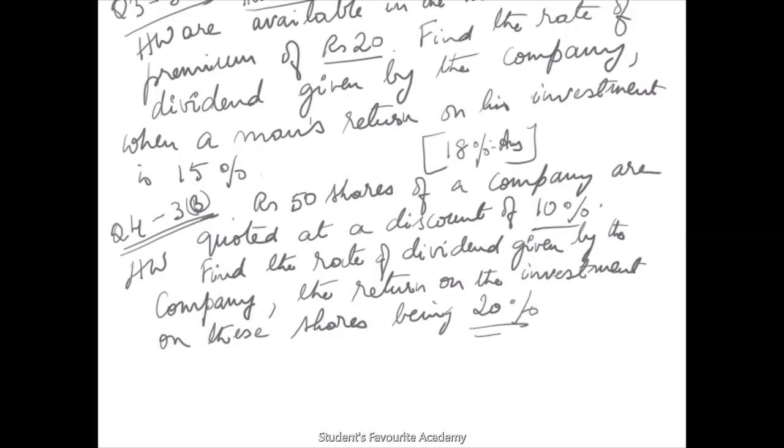So 20% is the R%. You have to find out D%, right? So do it. I'm sure you will get it. So you will be using the formula what? Once you get the market value, R% of market value is equal to D% of nominal value. Market value you know, R% you know, nominal value you know, so D% you can easily calculate. Here also answer is 18%. Okay, like the previous sum.